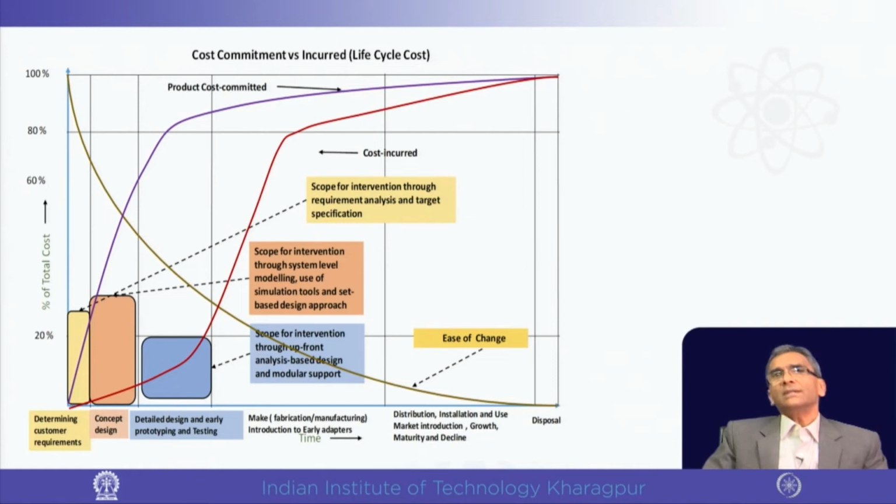Ease of change is shown with a line which is a kind of gray or brown color. So we see that the ease is high in the beginning, but low towards the end.